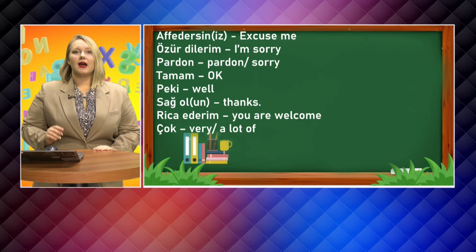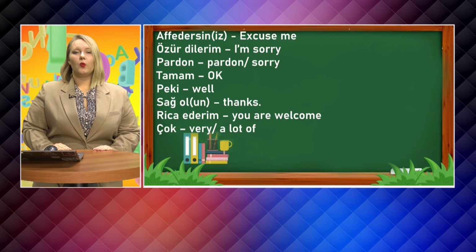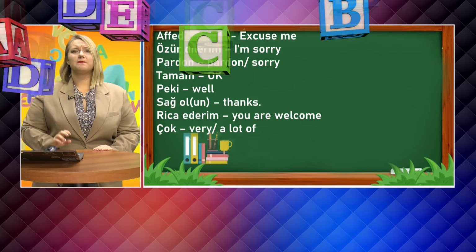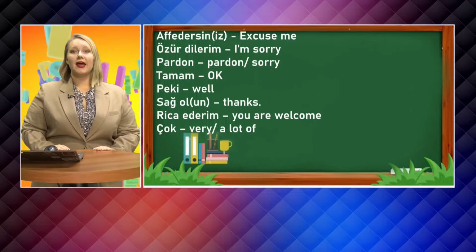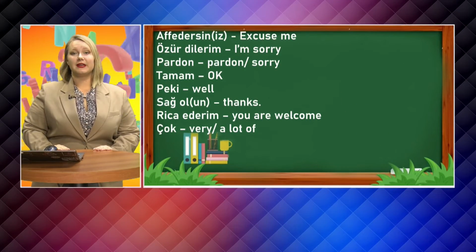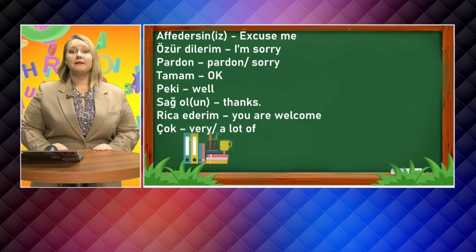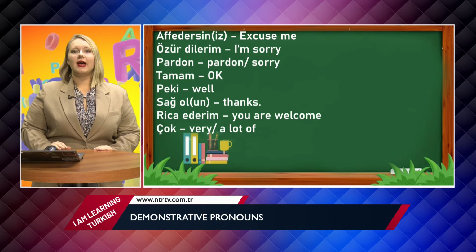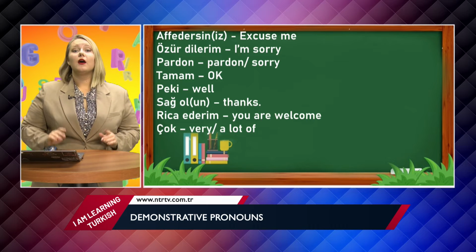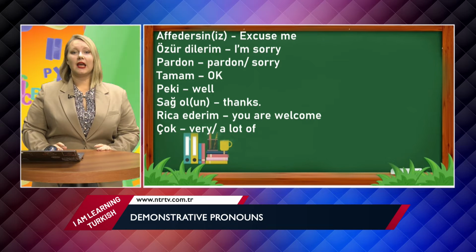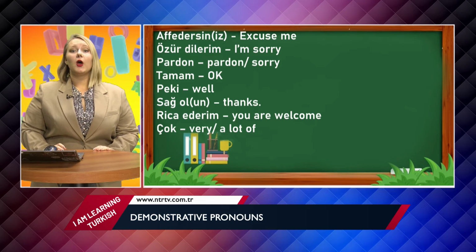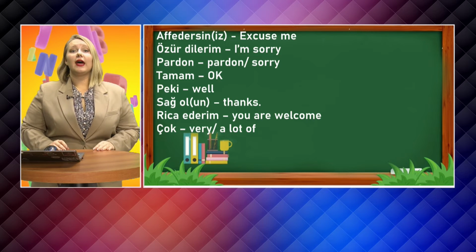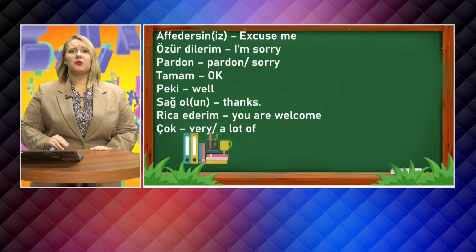Because as in our previous lesson, we have affedersin for not so formal speeches and discussions, and affedersiniz in formal ones. Also, we have özür dilerim, I am sorry, when we have done something and we are really sorry about all this stuff.